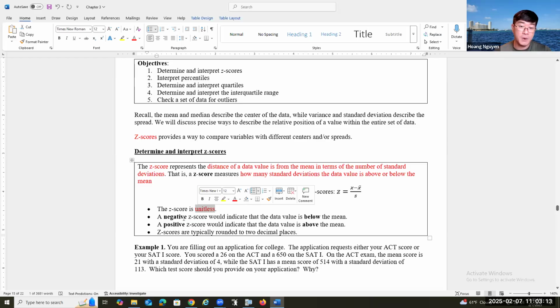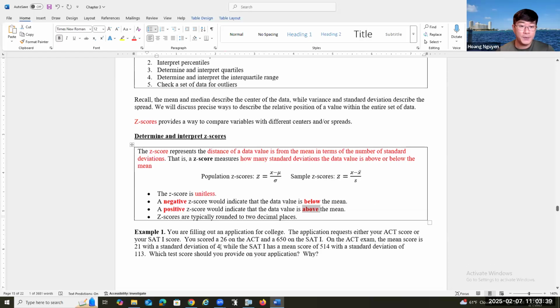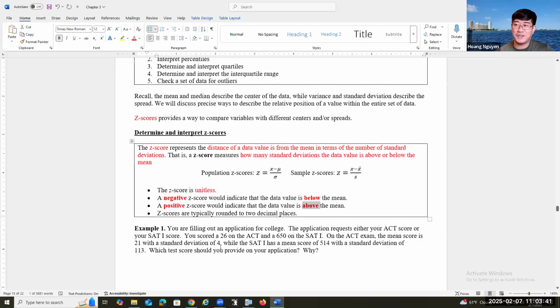A negative z-score indicates that the data value is below the mean. A positive z-score shows that the data value is above the mean. A z-score is typically rounded, and most of the time we round it to 2 decimal places. So that's the definition of the z-score.